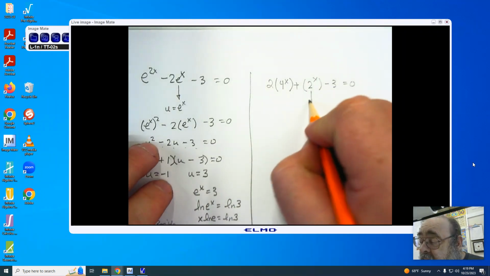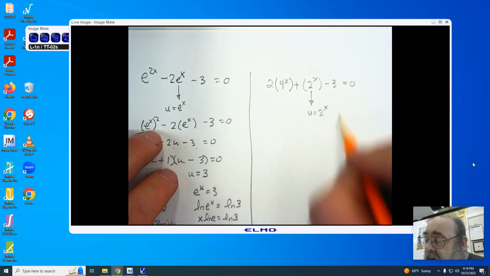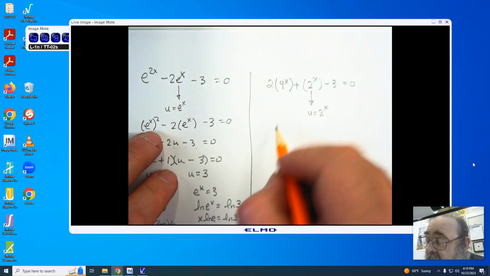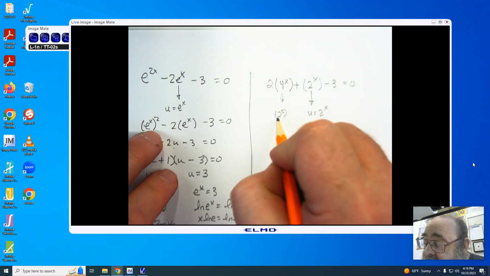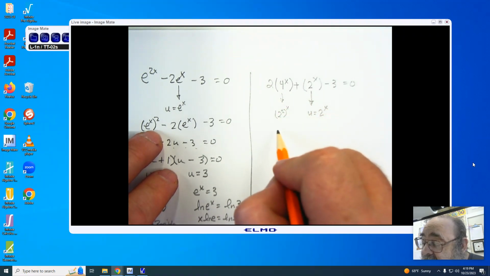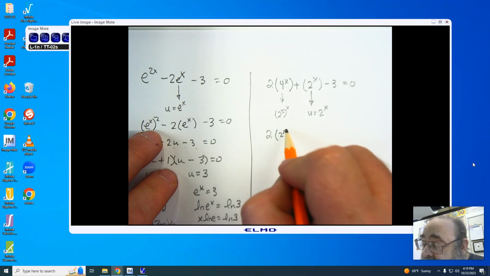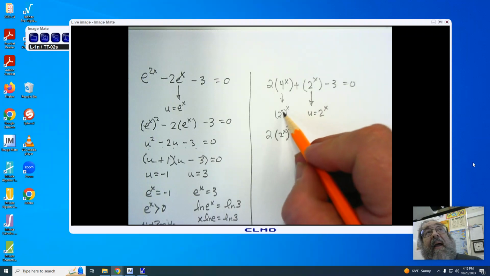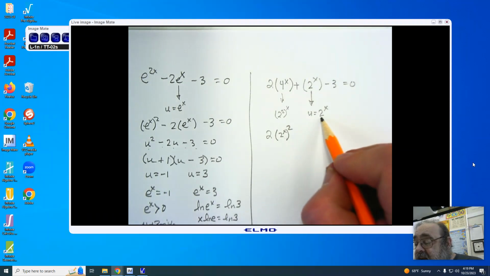Look at the middle term and let u equal the exponential found in the middle. Now look at the other pieces and see if you can figure out what happened. This, after all, is 2 squared to the x, which means that it is actually 2 to the 2x, the quantity squared. Notice how right in here, I have changed the position of the x and the 2 so that I can see the power.